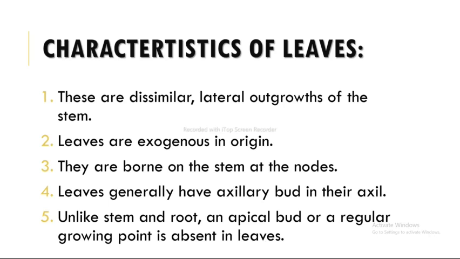Second, leaves are exogenous in origin. Third, they are borne on the stem at the nodes. Fourth, leaves generally have an axillary bud in their axil. Fifth, unlike stem and root, an apical bud or a regular growing point is absent in leaves.